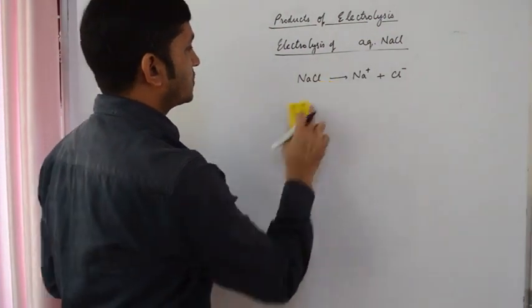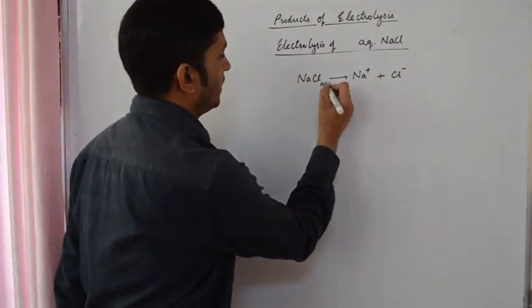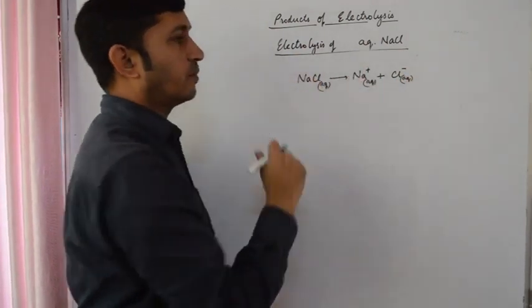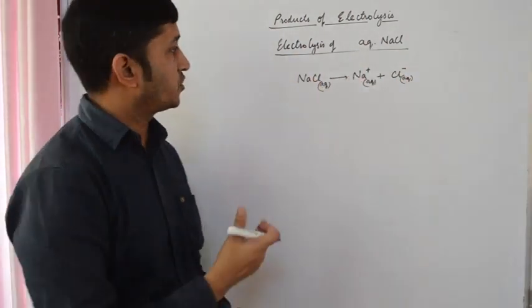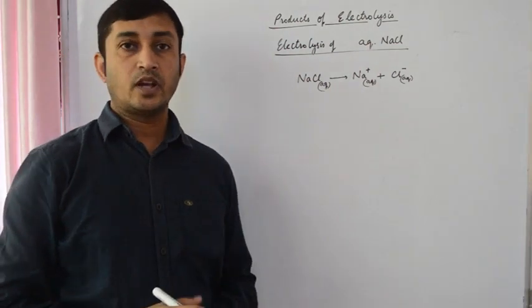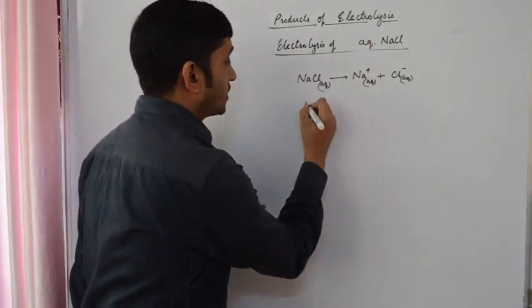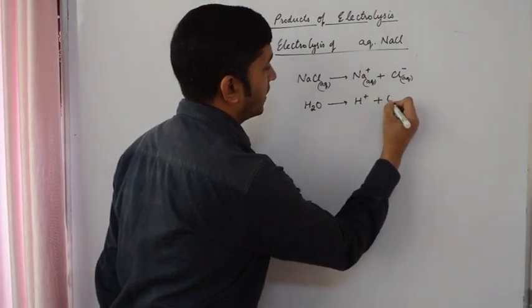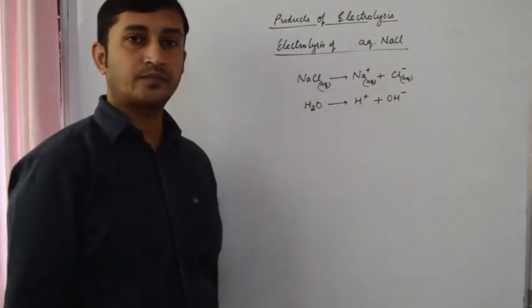When an aqueous solution of NaCl is electrolyzed, sodium chloride here also dissociates into sodium ion and chloride ion, but together with that, water is also there. So water will give H plus and OH minus.